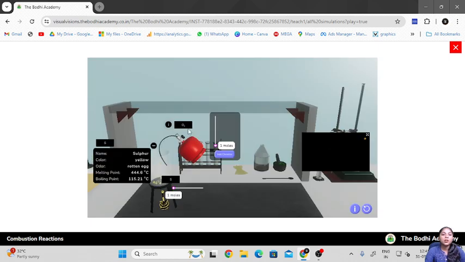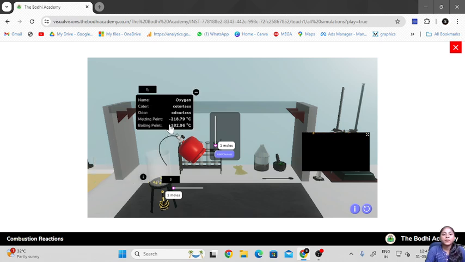So sulfur plus oxygen. Sulfur is written as S. It is yellow in color. It has a rotten egg kind of odor. The melting point is 444.6 degrees Celsius and boiling point is 115.21 degrees Celsius. Then oxygen is written as O2.